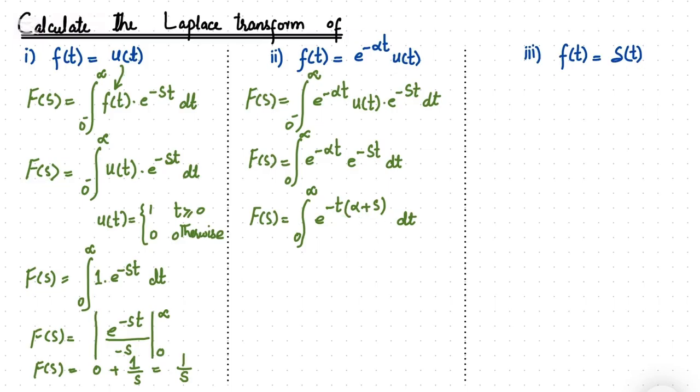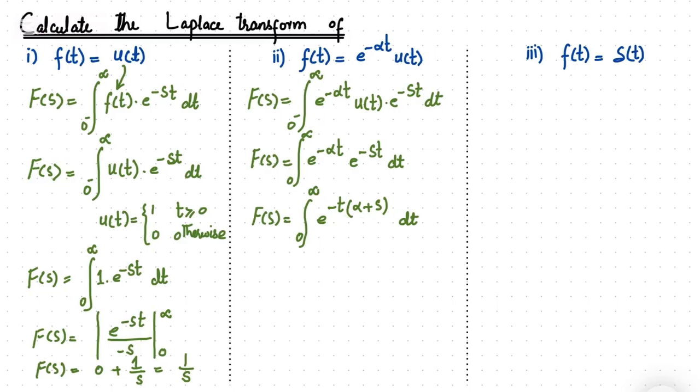The derivative would be minus alpha plus s, so we need to multiply and divide by minus alpha plus s.